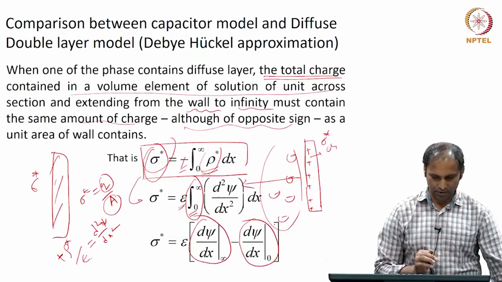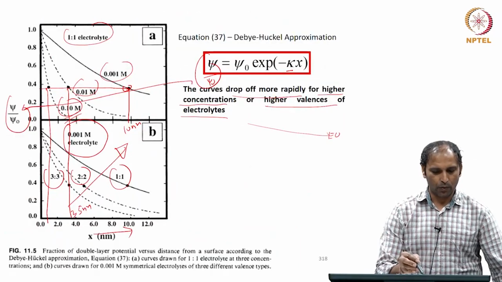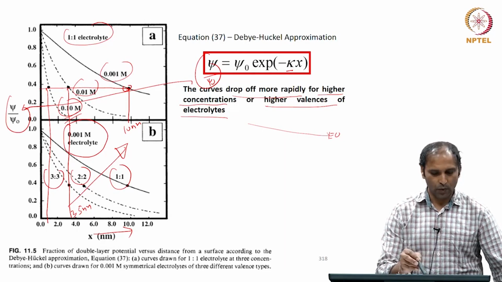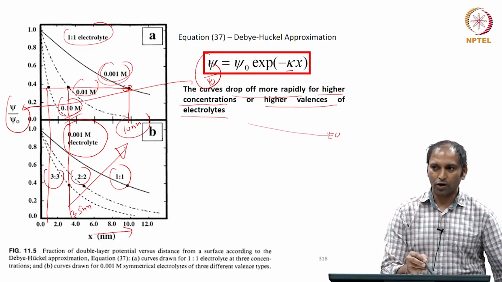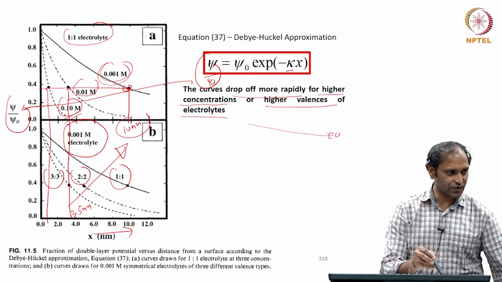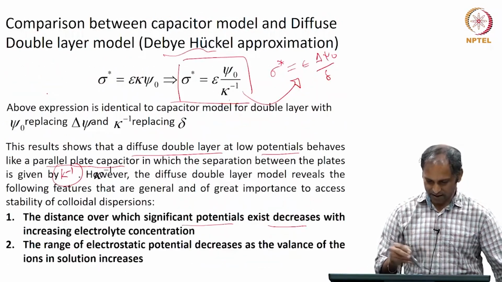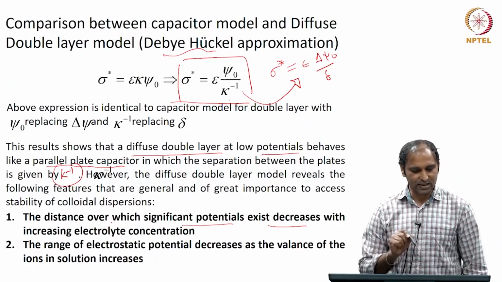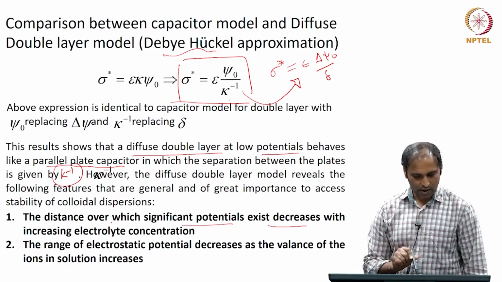That was actually demonstrated here, because this is a case where the electrolyte concentration is changing. When the electrolyte concentration is 0.001, a particular potential occurs at 10 nanometer, but the same potential occurs at a lower distance when I have a higher concentration of salt. If I go for even higher concentration of salt, the distance at which the same potential exists decreases even more, right. That is the first statement. The distance over which significant potential exists decreases with increasing electrolyte concentration.